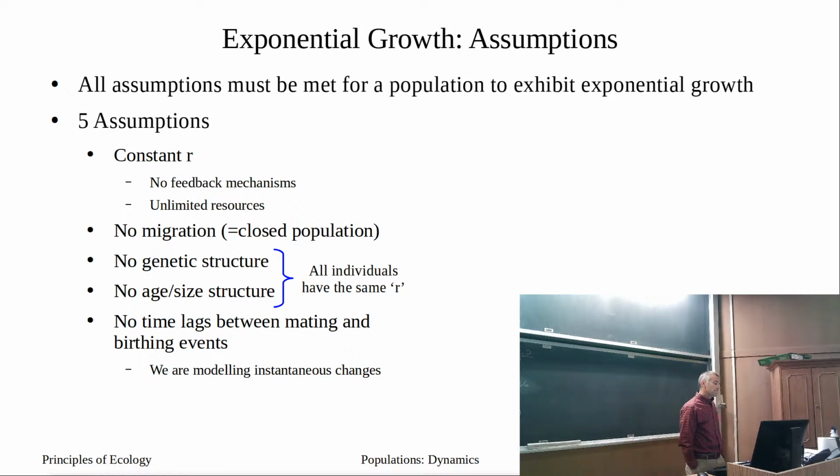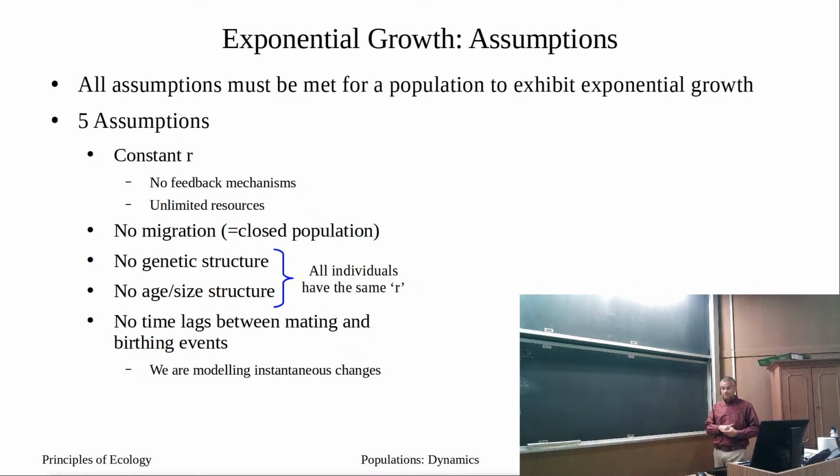The next 2 assumptions are that we have no genetic structure and no age or size structure. This is also tied to our constant R, but here we're talking about the entire population as it changes in size. With the genetic and age structure, we don't want to set up groups of organisms in our populations that then have different R because of the groups they form.